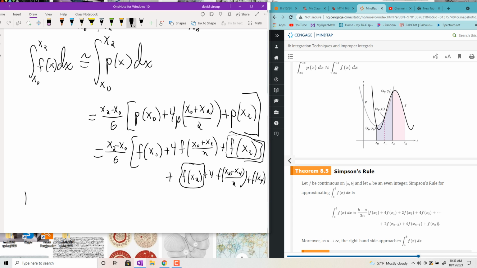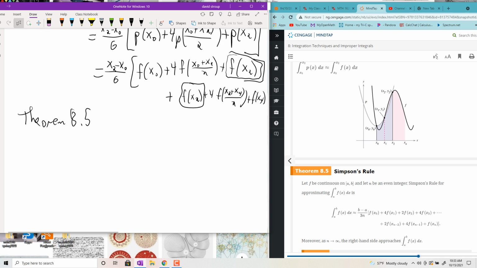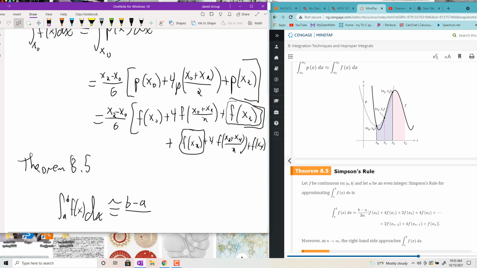So Simpson's rule, the formula for it then, is Theorem 8.5, again, we assume that f is continuous. The integral from a to b of f of x dx is going to be approximately b minus a all over n, the change in x, but then you factor out a 1/3.